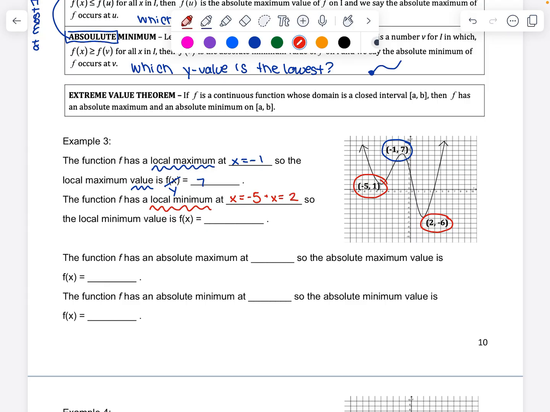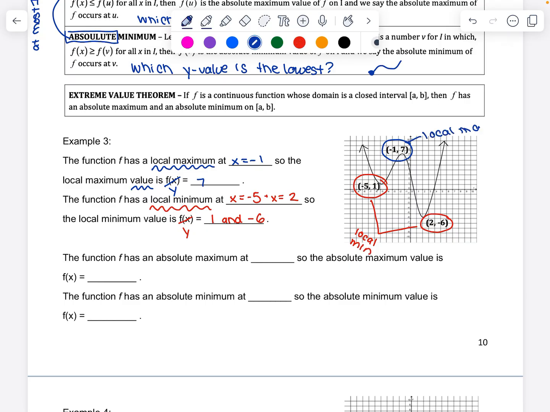Respectively, the local minimum value f of x, so the y values of those respectively are going to be at 1 and at -6. When I say respectively, that means in order. So again, these are going to be your local minimums, because you can have more than one. This is your local max.